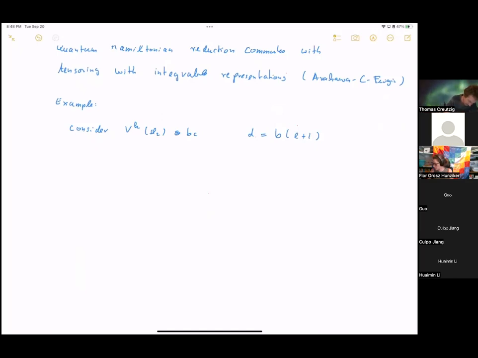It is obvious from the SL2 OPEs, right? E has trivial OPE with itself, B has trivial OPE with itself. So in particular, the OPE of D with itself is 0. In particular, its 0 mode squares to 0, right?